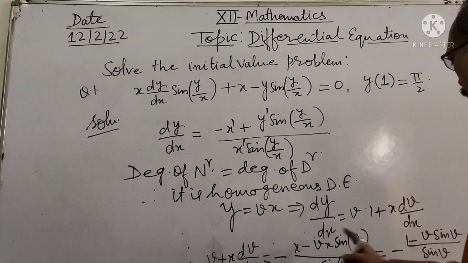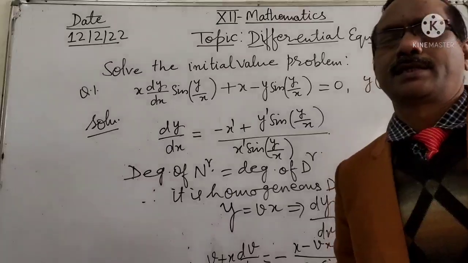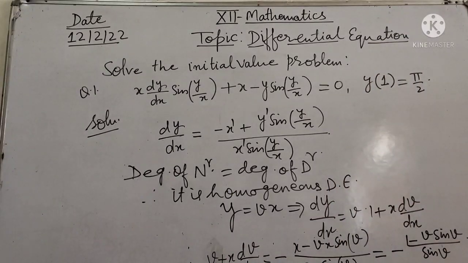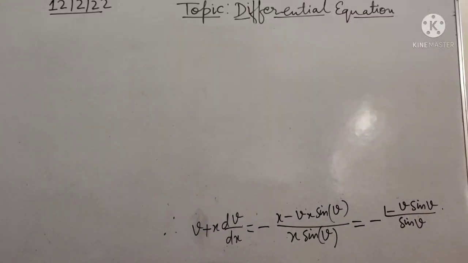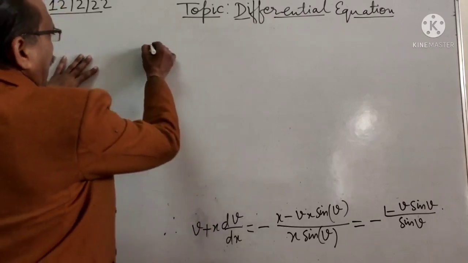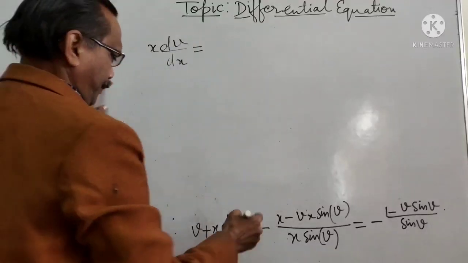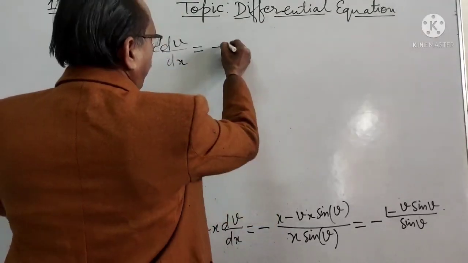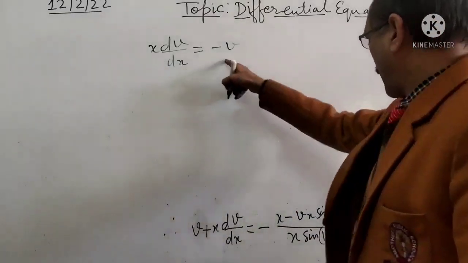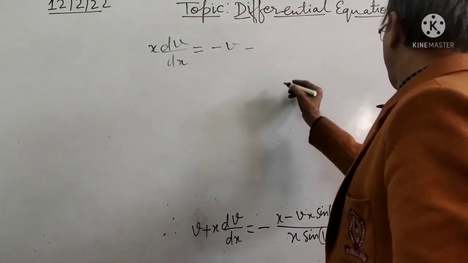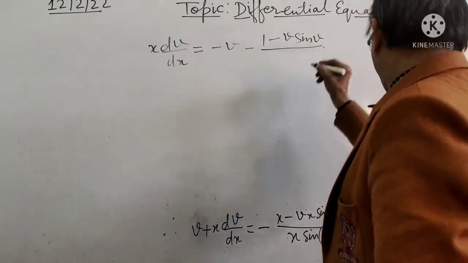Now we will shift v to the right hand side, then we will separate the variables. So x dv/dx equal to −v plus (−1 − v sin v) upon sin v.